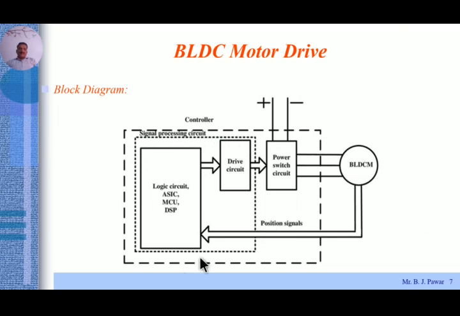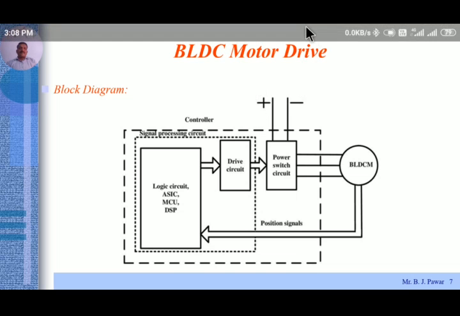Now the block diagram. From its working, we can easily understand what the requirement of the BLDC motor is. The BLDC motor shown here is 3-phase. That's why the input is a DC source.